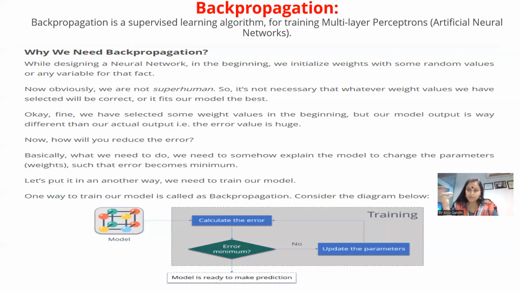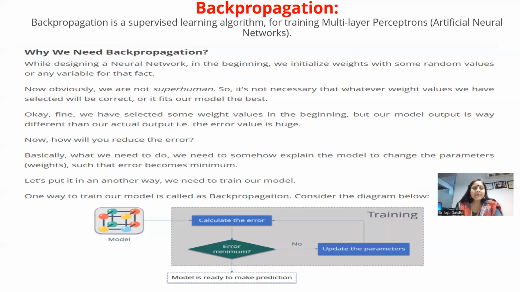We are human beings, we do it by hit and trial, and maybe at the sixth, seventh, or we don't know at what step, we will be able to get the correct value of weight. So how will we get the best value of the weight, which fits our model? We will get this after some trials, right?